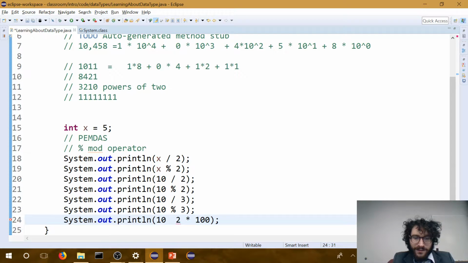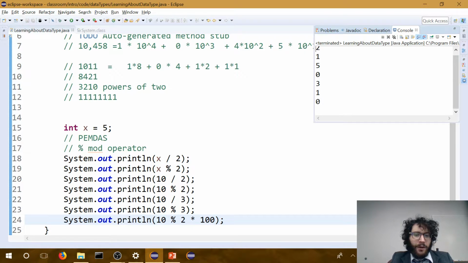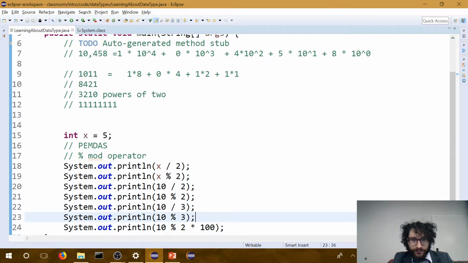And if I mod this, it's on the same level, so it's going to go left to right, where 10 mod 2 is 0 times 100, which is 0. So mod occurs at the same exact level. If you've got a bunch of multiplication, division, and modulo operations, you just simply evaluate it left to right, like you would anything else.